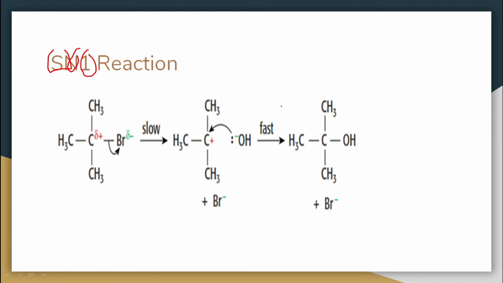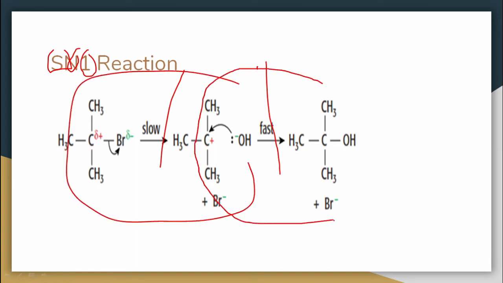There are two kinds of substitution nucleophilic reaction. This is one of them, and this reaction consists of two phases. The first one we're gonna talk about is this phase, and the second one is this phase.